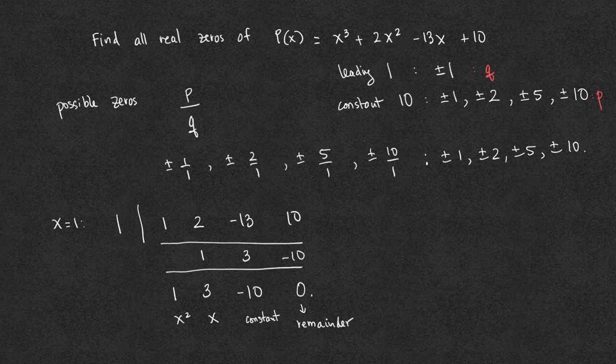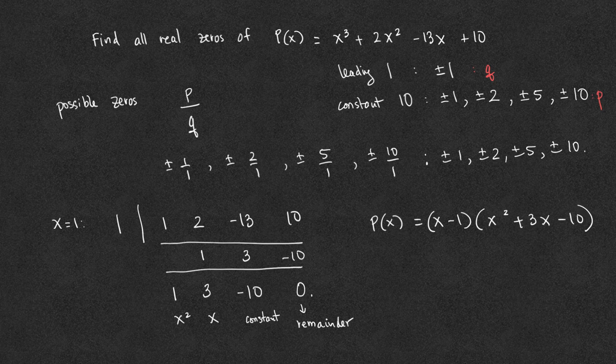What this means is that we can write p of x as x minus 1, which is x minus k, where 1 is the number that we use in the synthetic division, times the quotient. The quotient is read off from the last entries in the synthetic division, and it is x squared plus 3x minus 10.